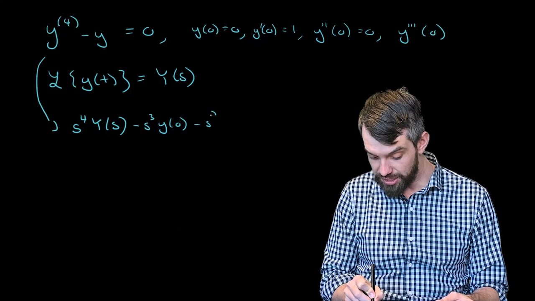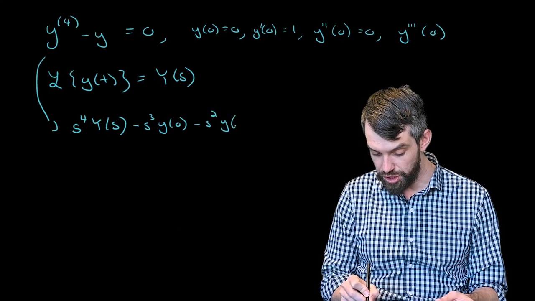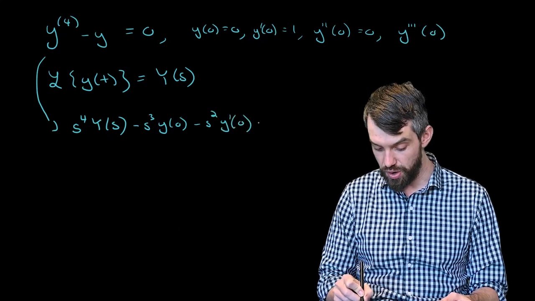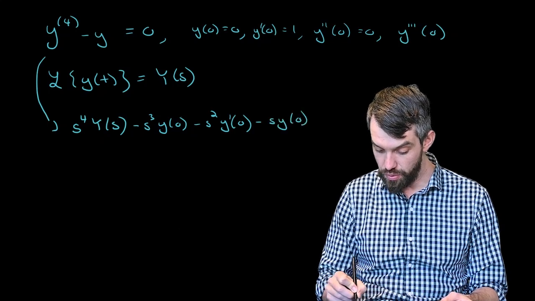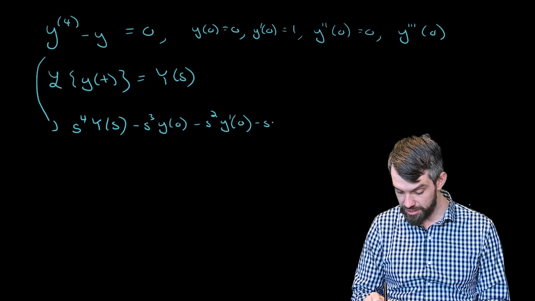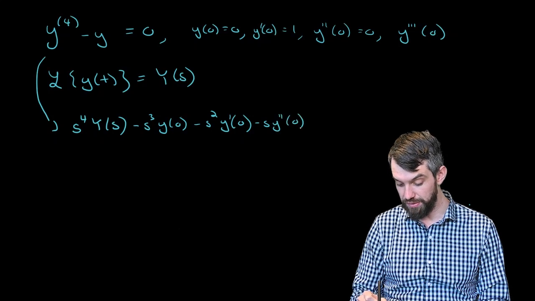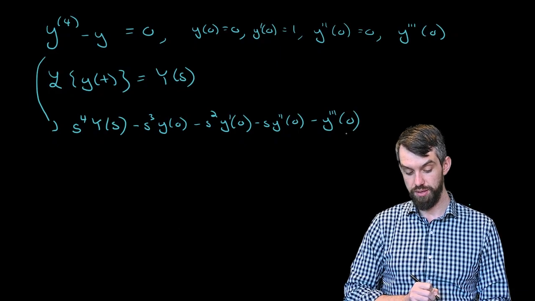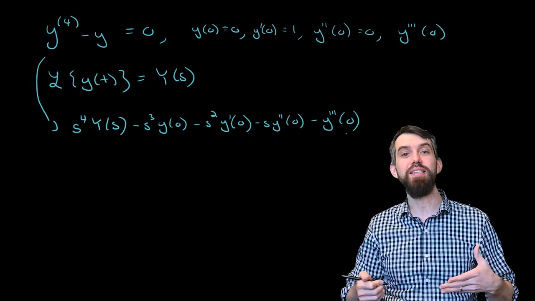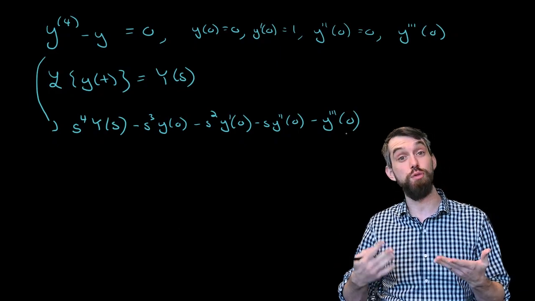I subtract off an s squared, I get a quadratic term in s, which is times y prime of 0. I subtract off an s times y double prime of 0. And then finally, I subtract off y triple prime of 0. So all of that is what the Laplace transform of the fourth derivative is.